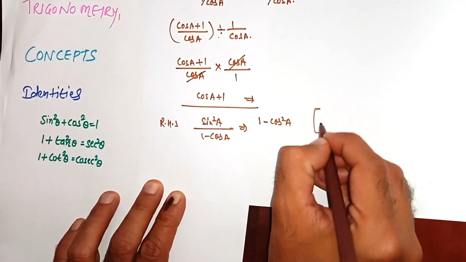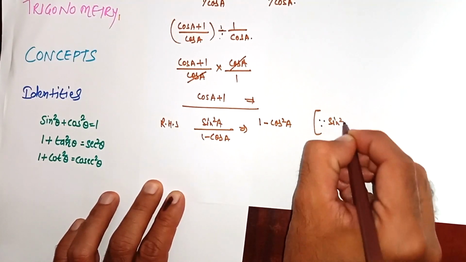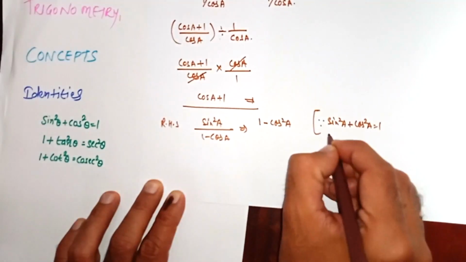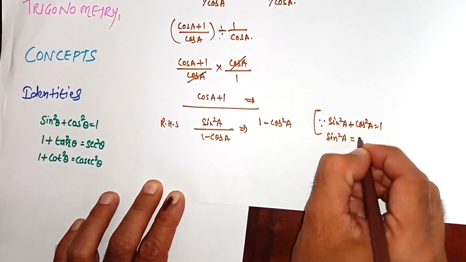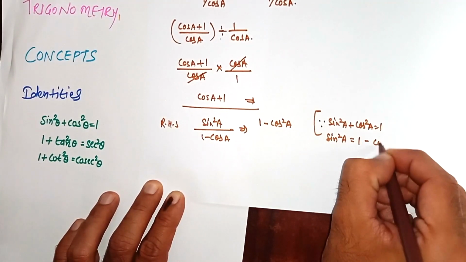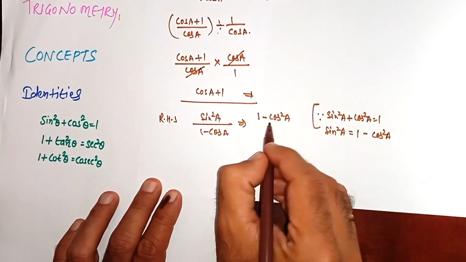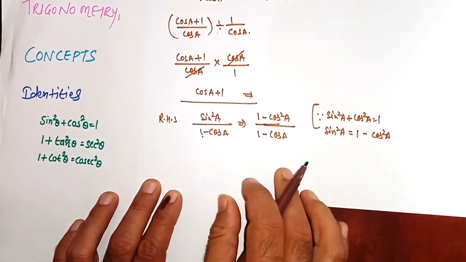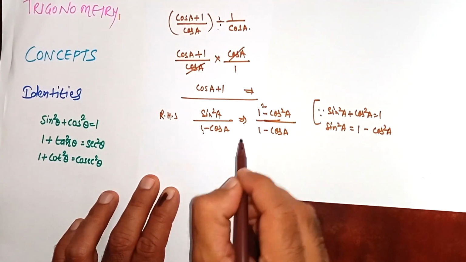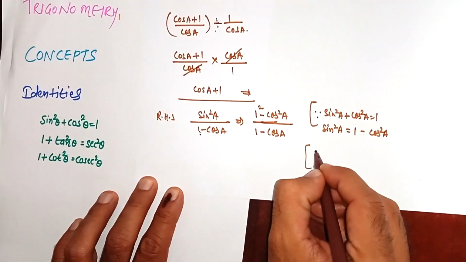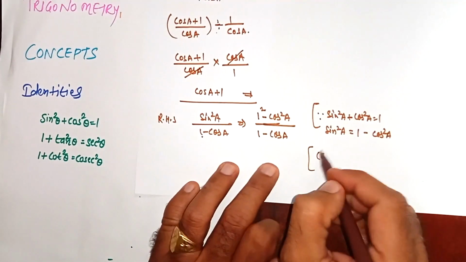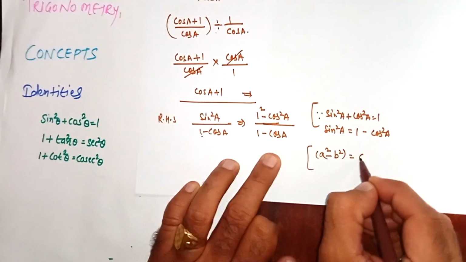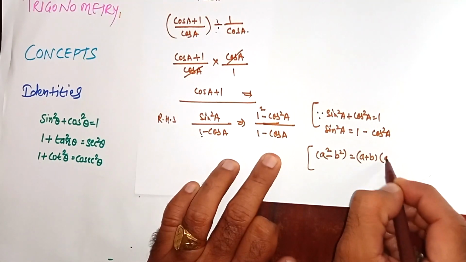Since sin square a plus cos square a is equivalent to 1, sin square a is equivalent to 1 minus cos square a over this 1 minus cos a. Now we have a square here, and it will become an identity of a square minus b square. What is it? It is a plus b and a minus b.